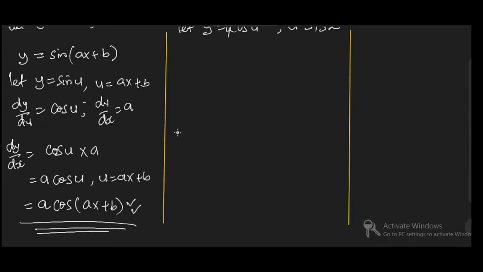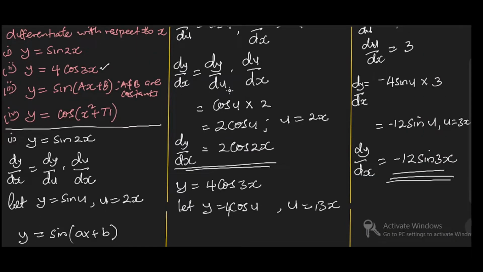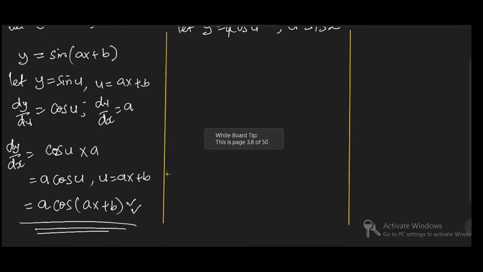Now I'll leave you to work out this other one here; you'll be able to work it out using the same methods. Then let me work out one more example.